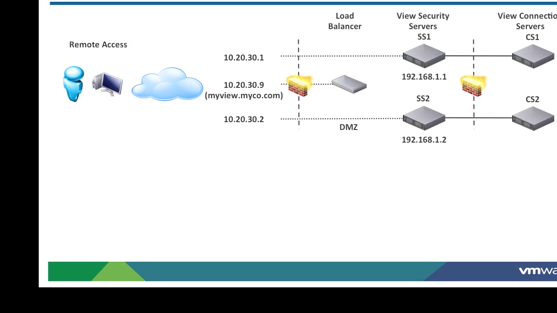I should point out here that there are some techniques available to be able to just expose a single VIP for an entire View environment. The problem is these are not always reliable for all situations. They rely on functionality within the load balancer to ensure session affinity or stickiness, but these usually depend on reliable source IP addressing information, and in environments where the source IP address is not accurately passed through from the network, this can result in uneven load across security servers, or can even result in misrouted packets.